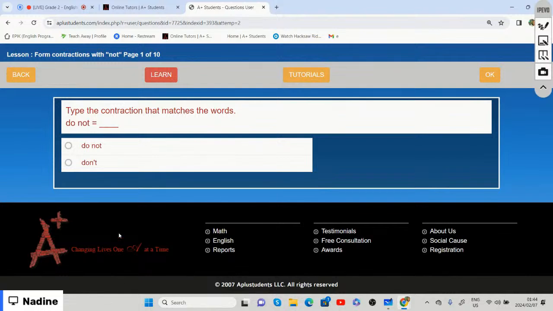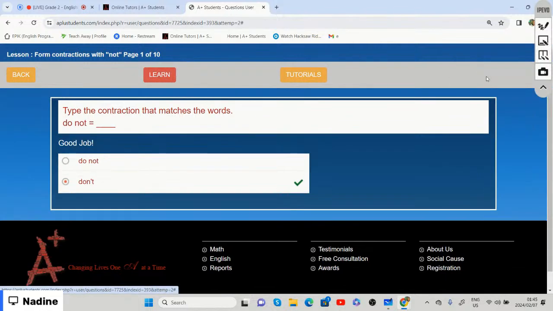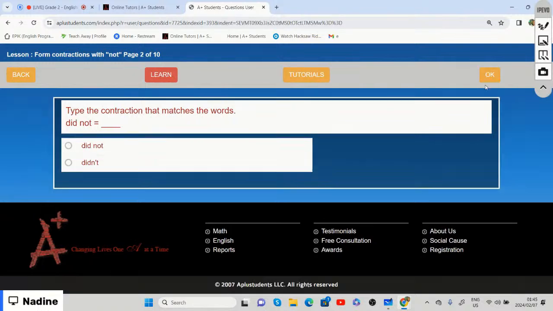We need to find the contraction that matches the word do not. So do not, and then we can say it is don't. And don't is correct.